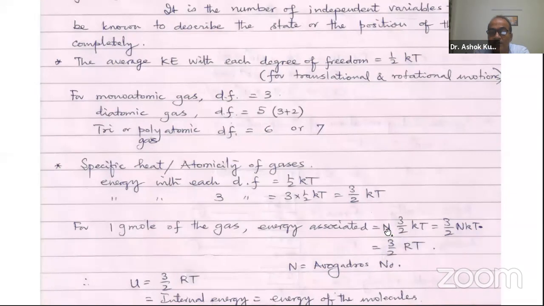This is always constant. Whatsoever material you take, oxygen, hydrogen, nitrogen, carbon, methane, anything, if you take 1 gram mole, the number of molecules contained in 1 gram mole will be the same. All right, the number will be same, and this number is Avogadro number.